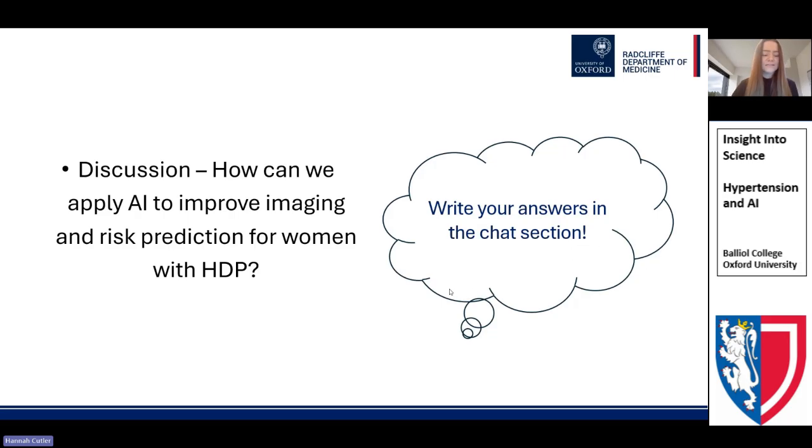So making it personalized to each individual and to each organ. Yep, good. Well done. So prioritizing imaging in general routine checkups and communicating with the patients. So using AI, we might be able to communicate better with patients. Yep, exactly. Really good. And predicting long term.